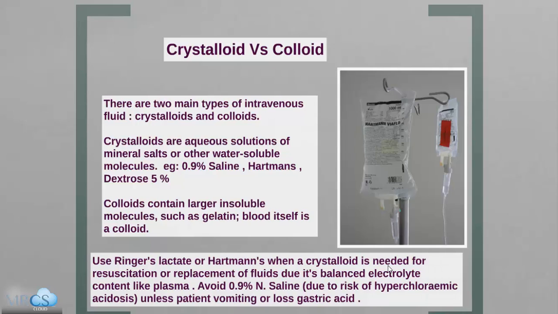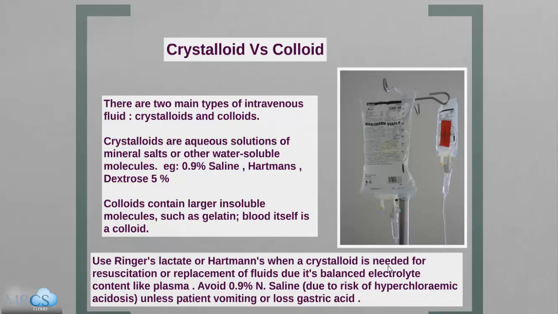The most important information you have to know is that Ringer's lactate or Hartmann's is used when a crystalloid is needed for resuscitation or replacement of fluid, due to its balanced electrolyte content like plasma. So in every situation where you need resuscitation or replacement of fluid, use the solution rich in balanced electrolyte content, which is Hartmann's or Ringer's lactate.